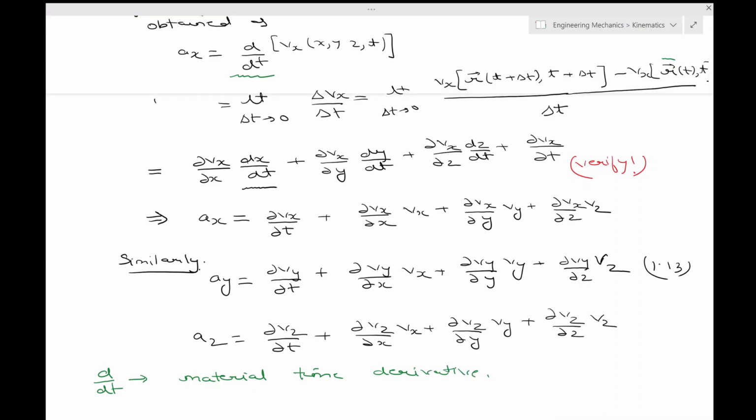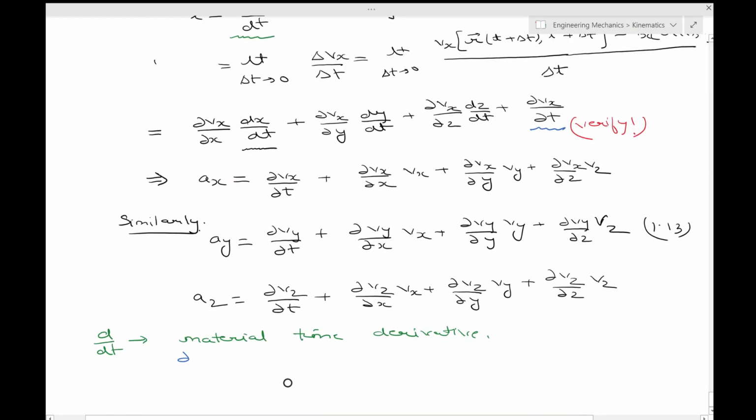And this particular term, dou by dou t, is the time derivative at a fixed spatial location.